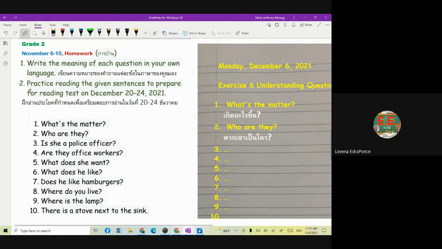Also, number 2, on December 20 to 24, we're going to have our reading test. So you're going to read these sentences one by one. Everything is uploaded in Google Classroom.